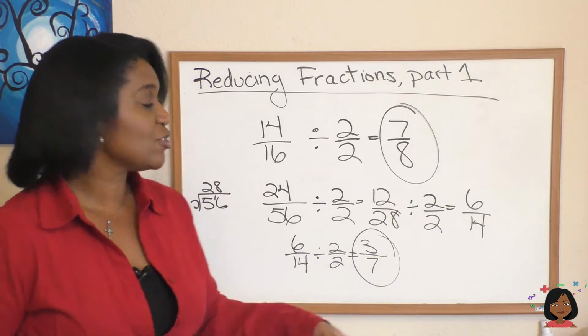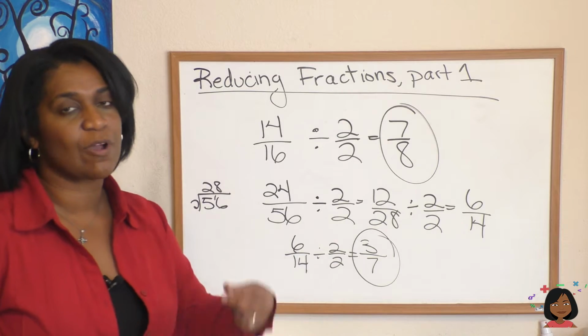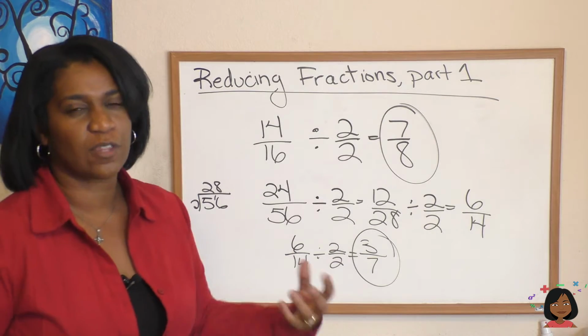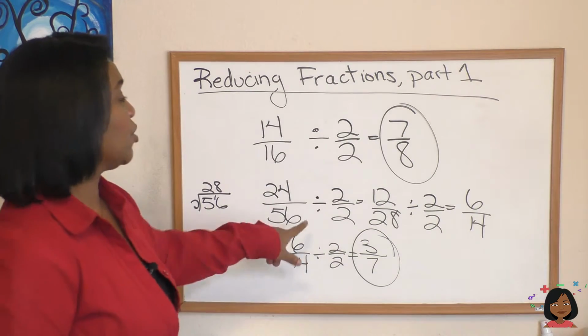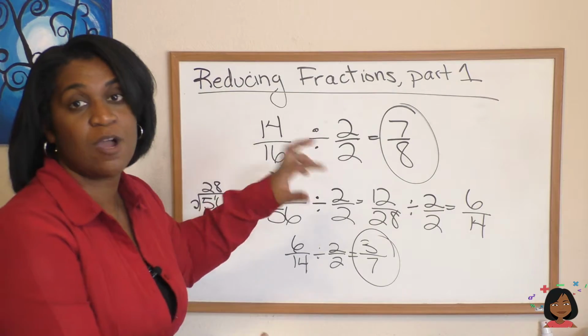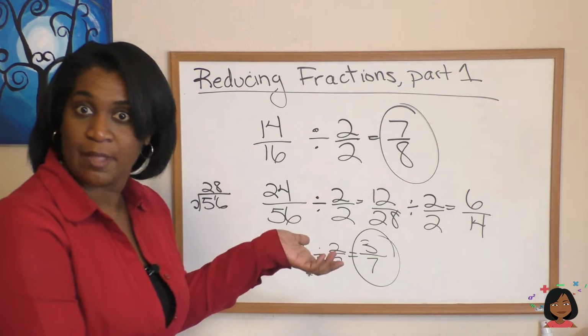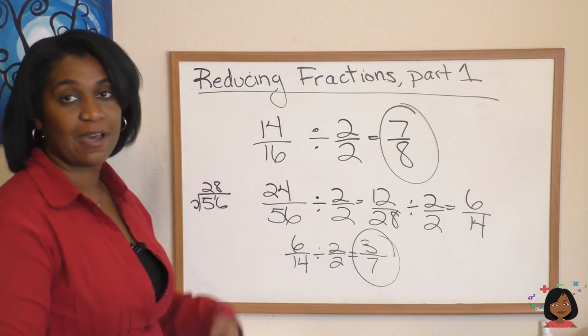Doesn't mean it's wrong. It just took me a little bit longer to get there. But when it comes to tests, we're always trying to be quick and look for the quick tips and tricks, right? So not wrong, but just more efficient to try to get the greatest common factor of both of them first. That's it. If you can reduce fractions, you can divide both by the same number.